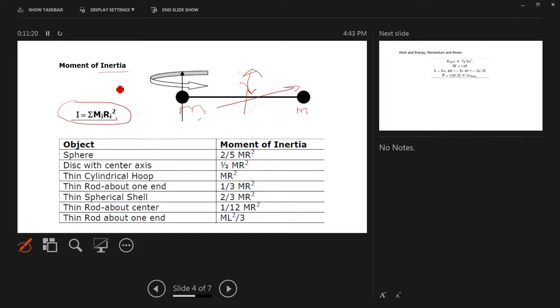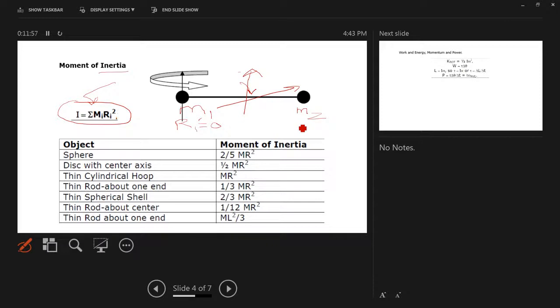So notice this particular summation. The m's here say m sub i, so that's mass 1 or mass 2 or mass 3, however many you have. And r sub i is the location of each mass relative to the axis of rotation. So for instance, on this picture here, if this is M1 and this is M2, then M1 would have a value of R1 equal to 0, because it's on the axis of rotation.